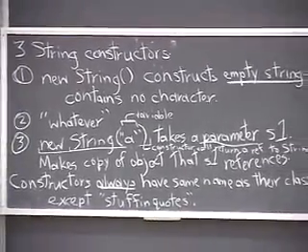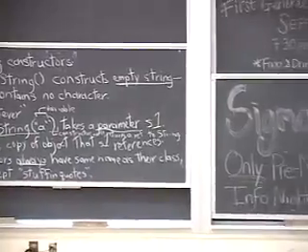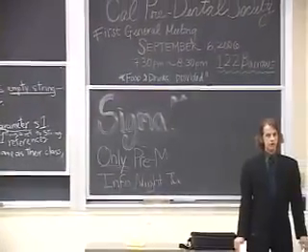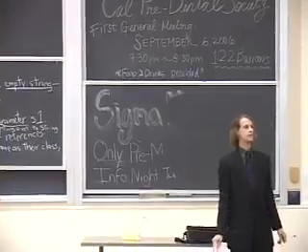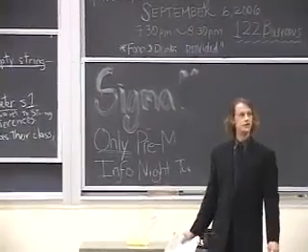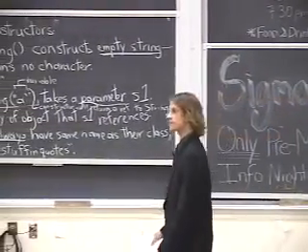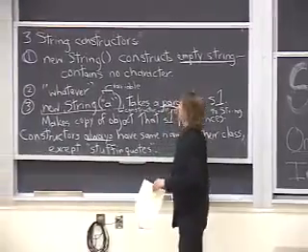So, question over here. Single quotes means something different. Single quotes are used for individual characters. You need double quotes for strings. All right, I think I should move on from here.